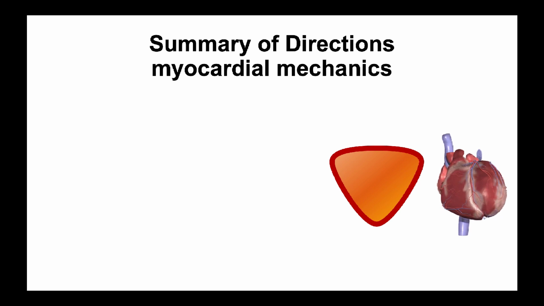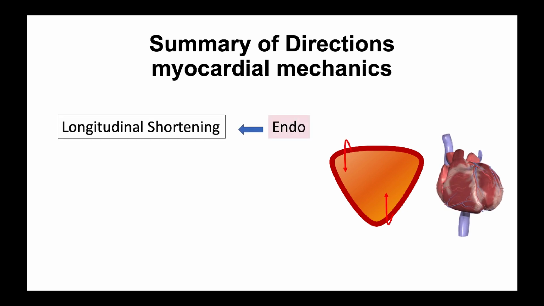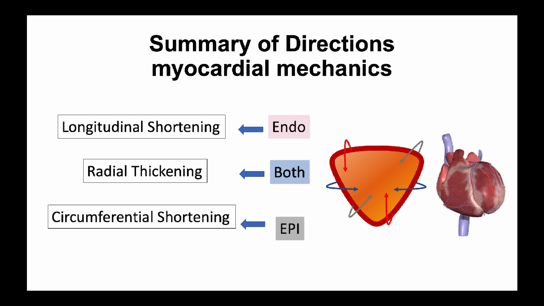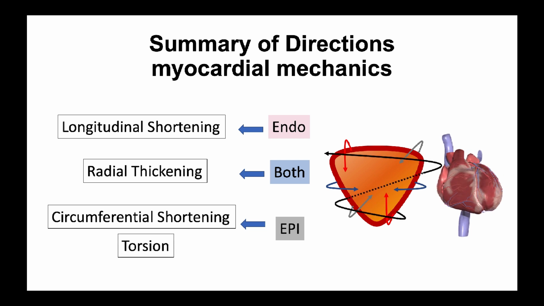Those two helices express deformations in four directions: longitudinal shortening, produced by longitudinally directed fibers in the endocardial helix; radial thickening, produced by transversely arranged fibers transitioning from both the endocardial and the epicardial helix; circumferential shortening, from the more obliquely arranged epicardial fibers; and finally, the epicardial fibers are also responsible for LV rotational mechanics that lead to LV torsion, which is a wringing motion that resembles the twist of a towel.